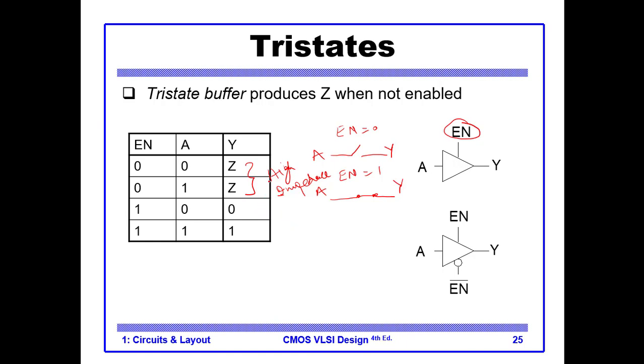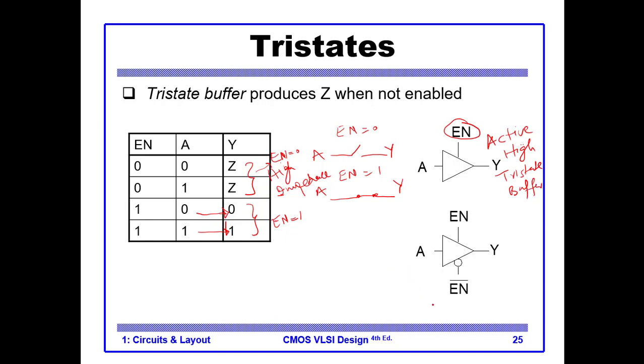And this is for enable 0, these two entries, and these two entries for enable 1. When enable is 1, whatever is on the A, it is transferred exactly the same to B. Okay, so this is called active high tri-state buffer.